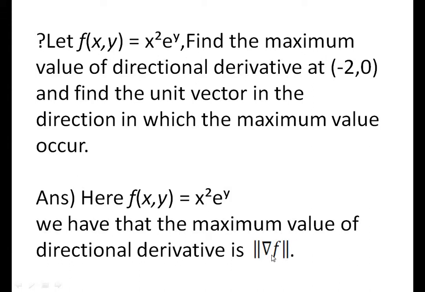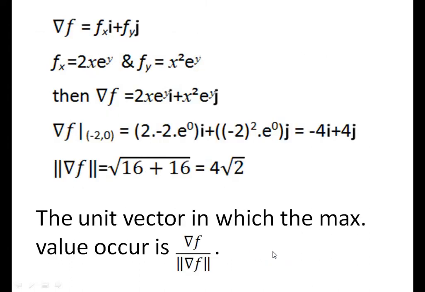Okay, where del f is the gradient function, that's equal to f_x i cap plus f_y j cap, where f_x is the partial derivative of f with respect to x, and f_y is the partial derivative of f with respect to y. Then f_x is equal to 2x e raised to y and f_y equal to x squared e raised to y.